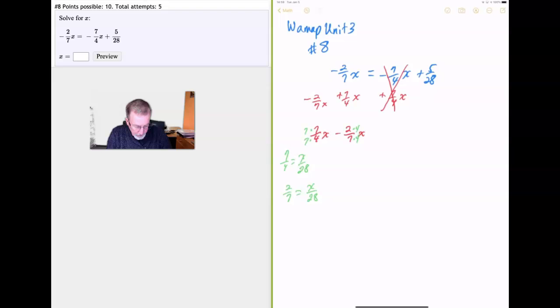And so this would be 49/28 x minus 8/28 x. So now we have 49 minus 8. That should be 41. 41/28 x, and that's going to be equal to 5/28.